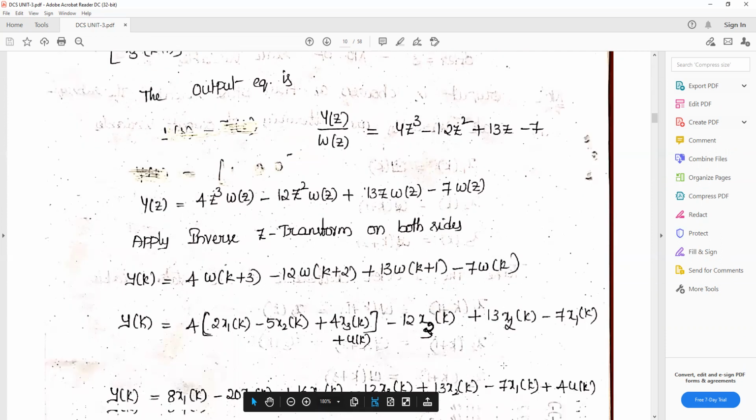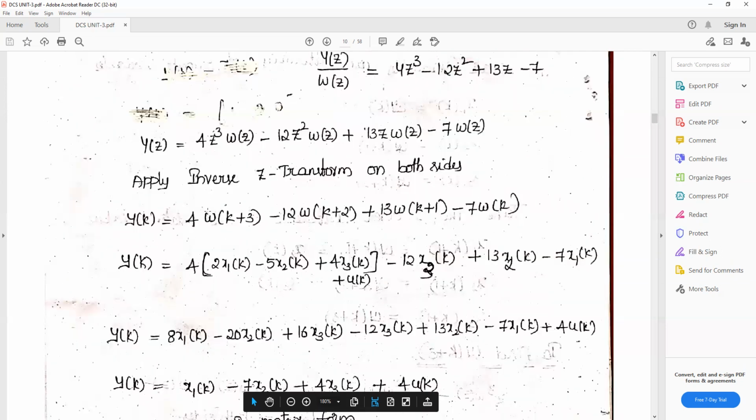So y of k is equal to, w of k plus 2 we have already calculated. Substitute w of k plus 3, which is 2x1 of k minus 5x2 of k plus 4x3 of k plus u of k.